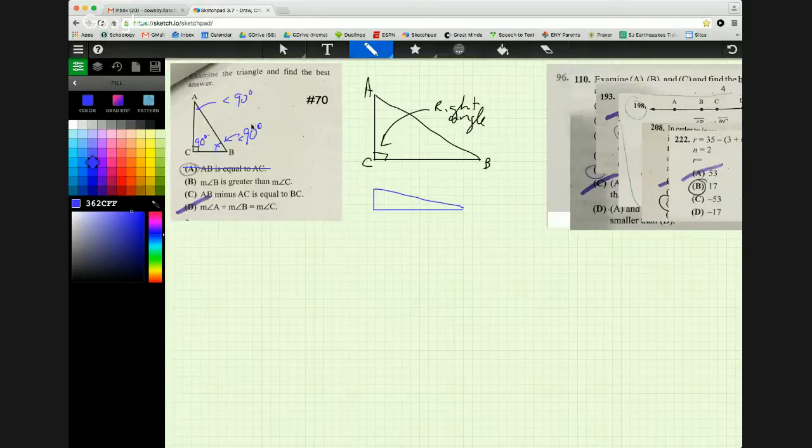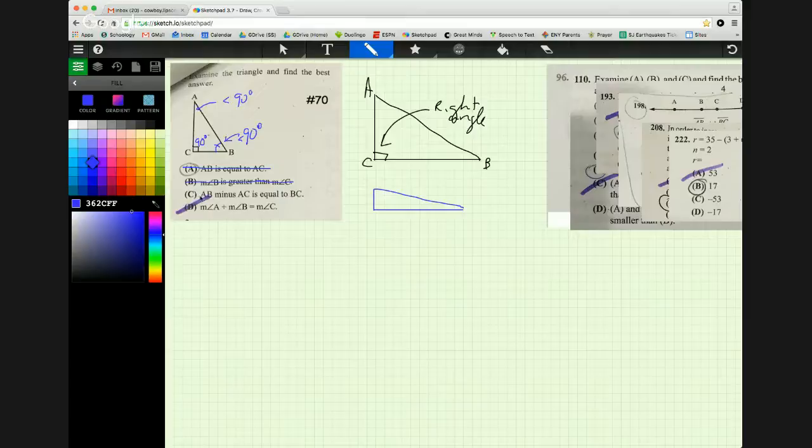If one of these angles were 90 degrees, the other angle wouldn't have any measure. So these 2 angles have to be smaller than that. So the measure of angle B cannot be greater than the measure of angle C. The measure of angle C has to be the greatest angle in this triangle.